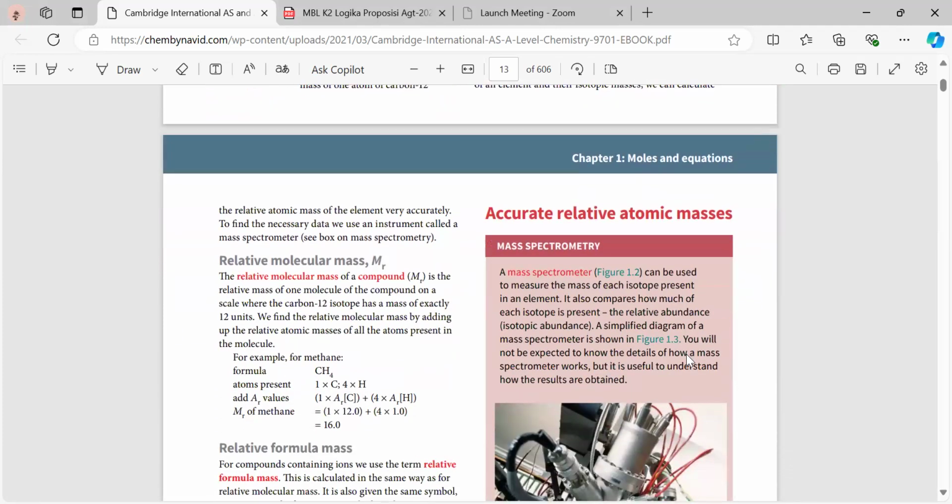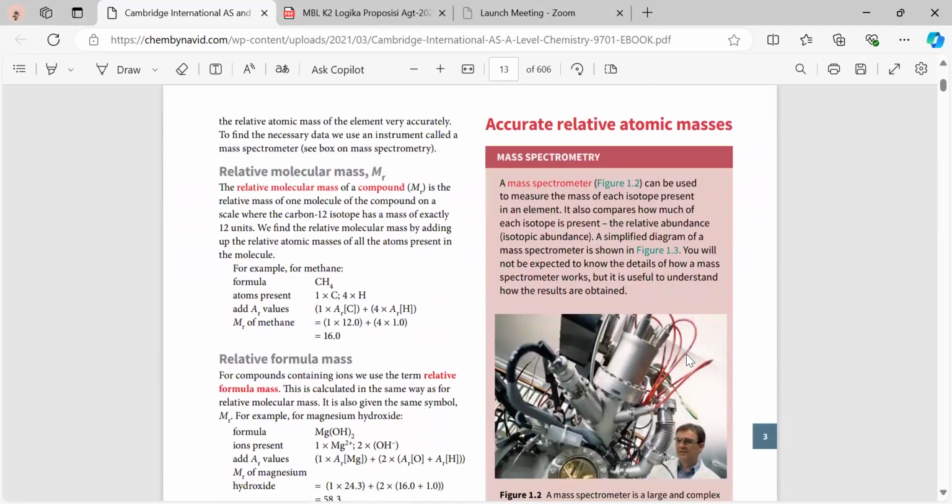Actually, what you learn in this chapter is high school level chemistry, A level chemistry I think, as the title on the book says. So you don't really need to learn this in depth for now. Just learn the gist of it.